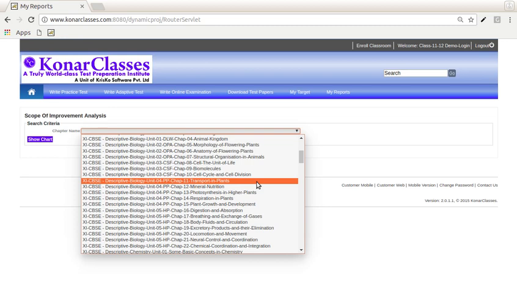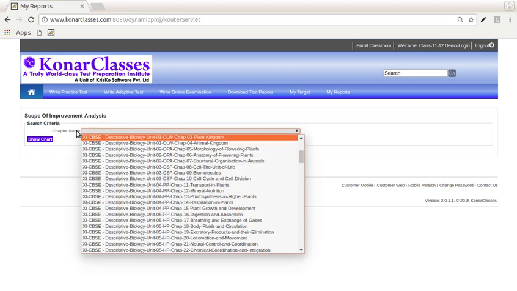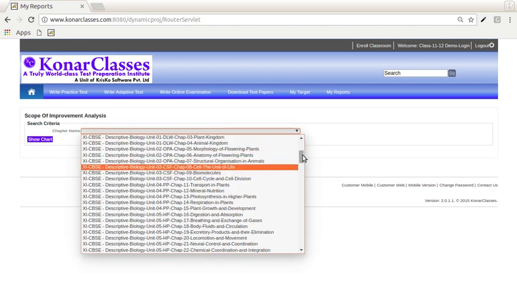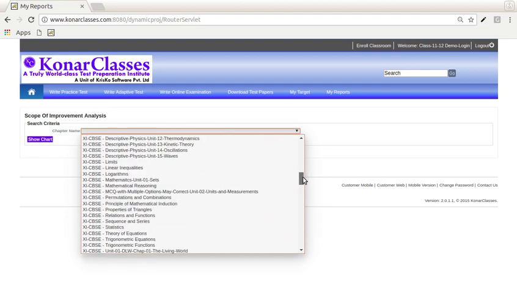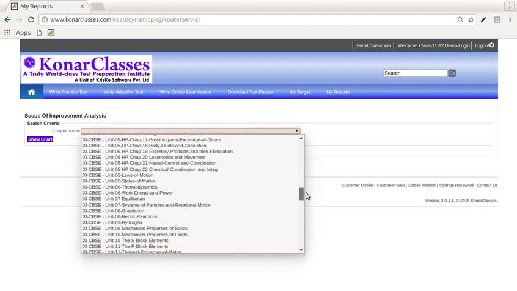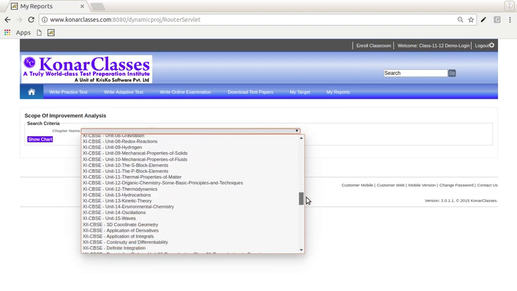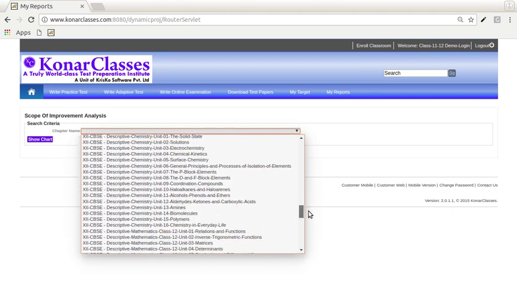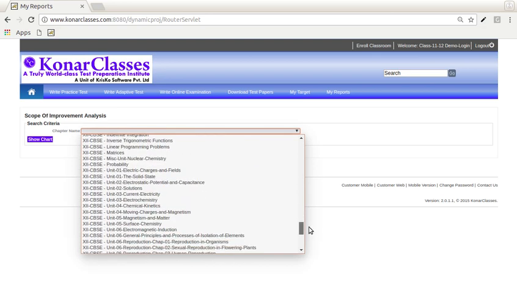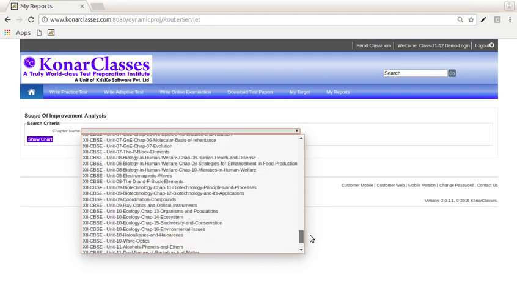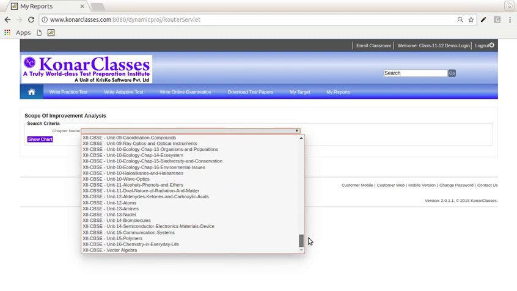One such report I am going to show you. For example, go to the scope of improvement analysis report and select any chapter. Suppose I want to select a chapter arbitrarily from here.